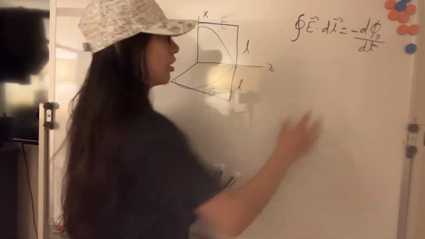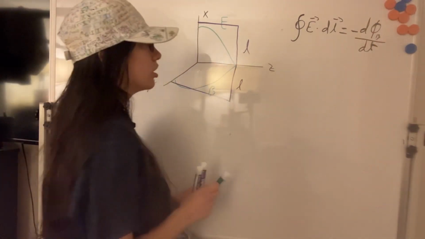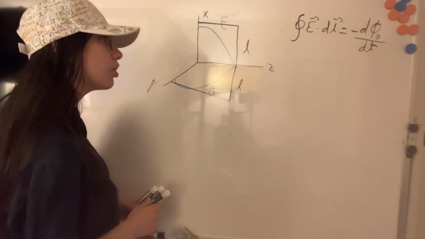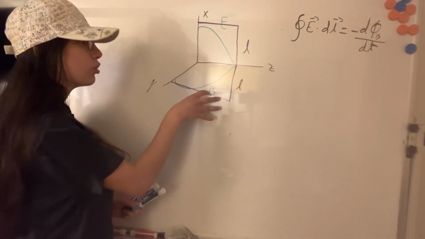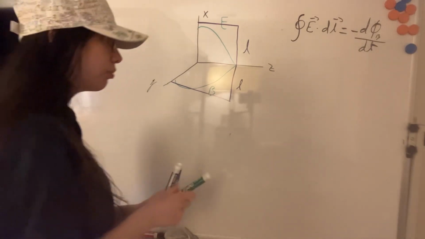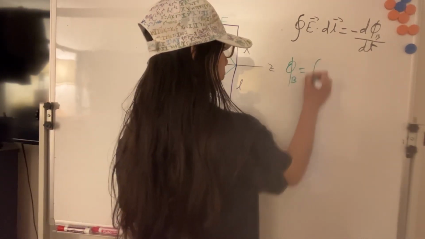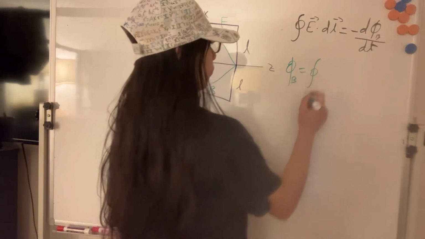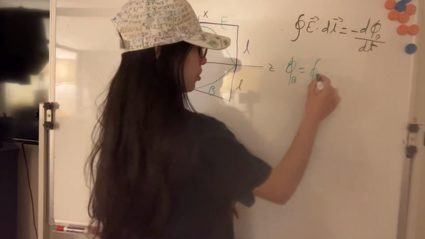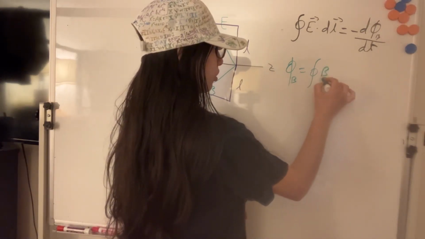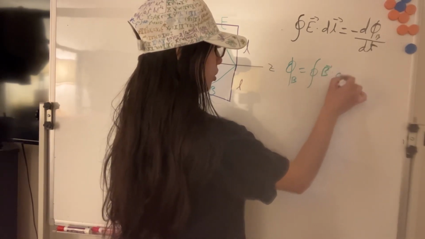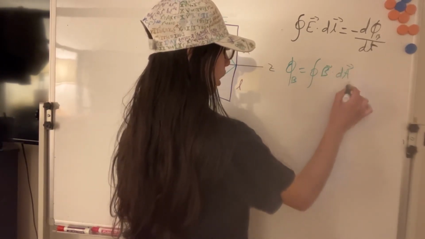So I will first calculate this part. What is the magnetic flux through this surface? The magnetic flux is equal to the surface integral of B dot dA.